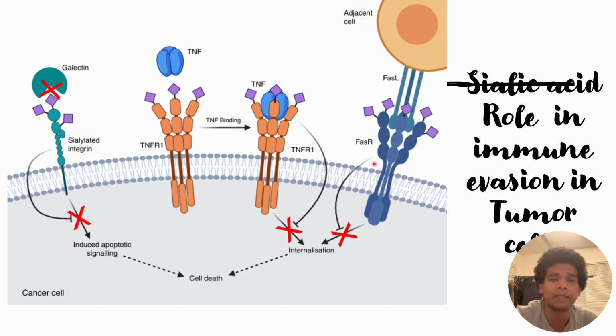These are some of the ways by which sialic acid acts as immune evasion, and thereby helps the tumor cells to grow.